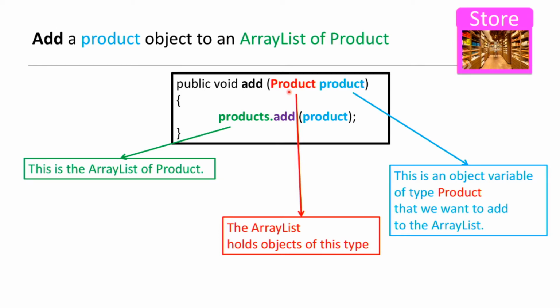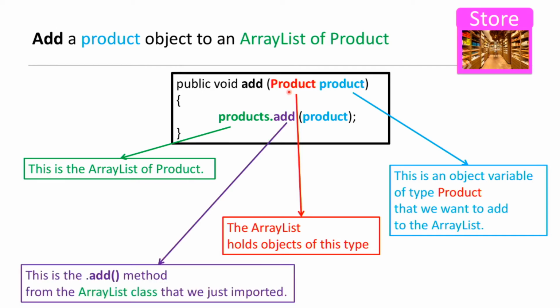To add to an array list, we're going to be using the array list of product, which is called products, with an S, in green. And we're calling the add method of that array list. The add method requires us to pass in a parameter, and the parameter that we're going to pass in is the product.